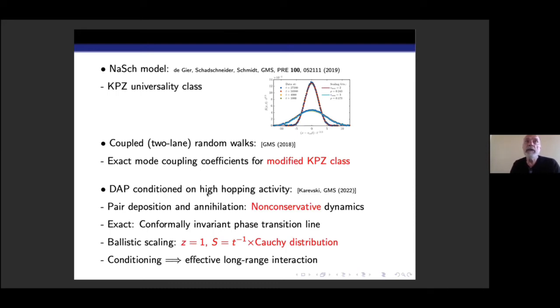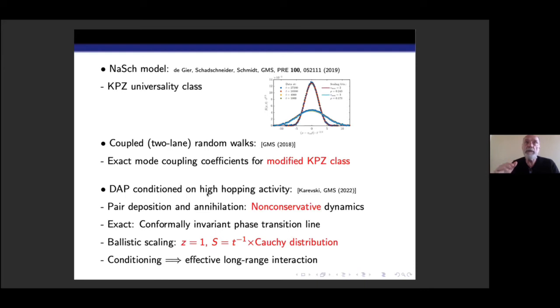So far, these are all studied model systems that have conservation laws with at least 1 particle number conserved. We also looked very recently at non-conservative dynamics. Namely, we looked at a symmetric exclusion process where you annihilate and deposit pairs of particles. So we have no conservation law. Now, this relaxes exponentially fast in time.